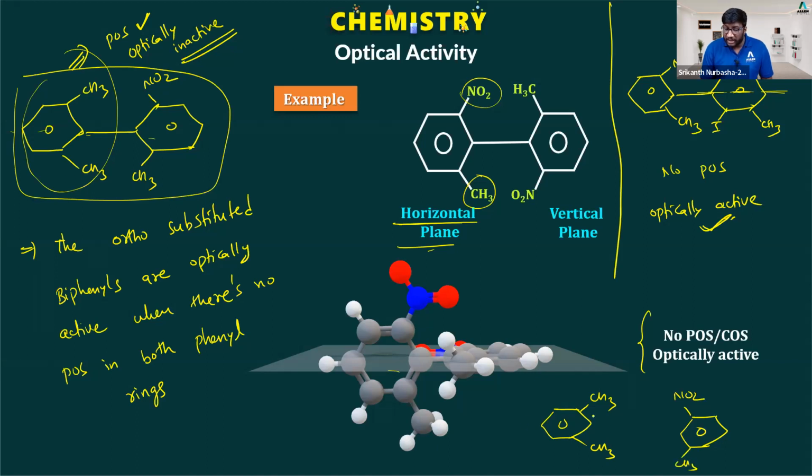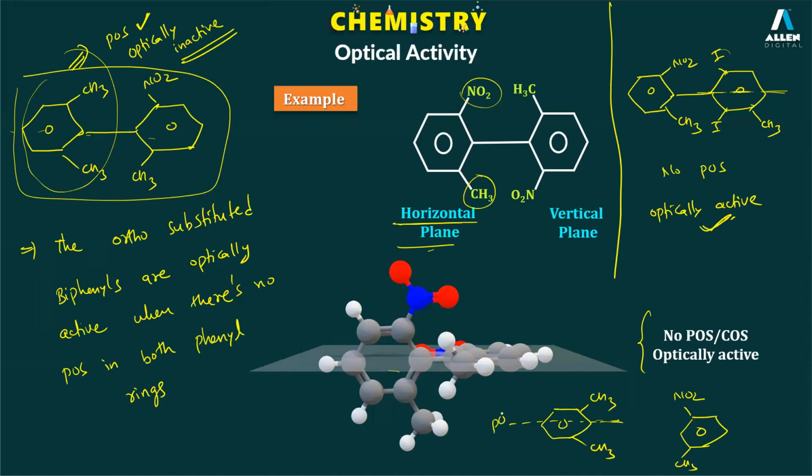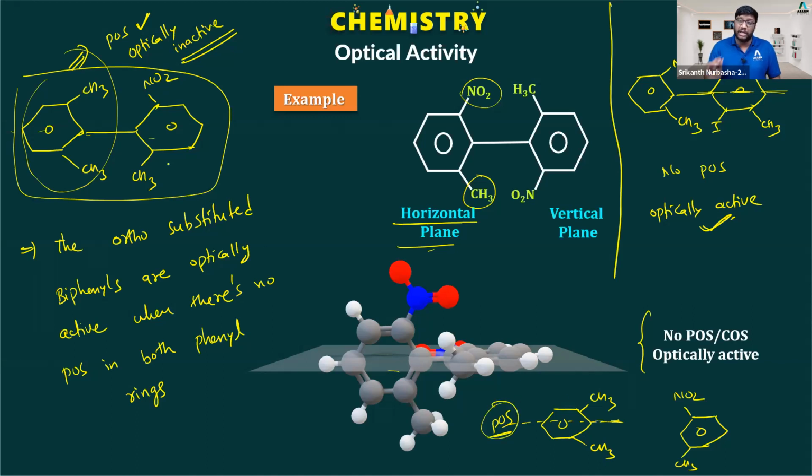In this particular biphenyl there should not be any plane of symmetry. If I consider a plane like this, it is symmetrical, so it is a plane of symmetry. So what I have said: ortho substituted biphenyls are optically active when there is no plane of symmetry in both phenyl rings. If I consider this phenyl ring, a plane of symmetry is present, so it is going to be optically inactive.